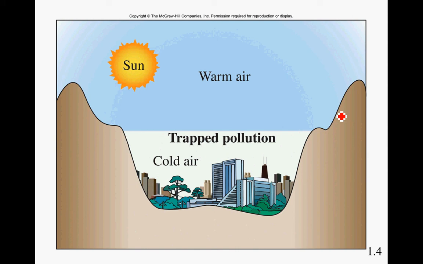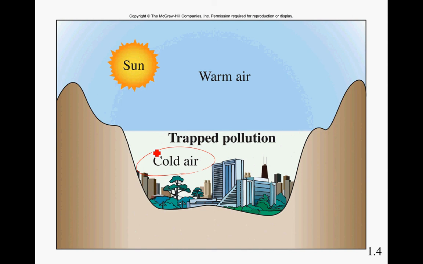So here we have a picture of what's called an inversion. When a city is surrounded by mountains, sometimes the cold air can get trapped inside the area. What that also means is that the pollution becomes trapped and the pollution actually becomes worse.